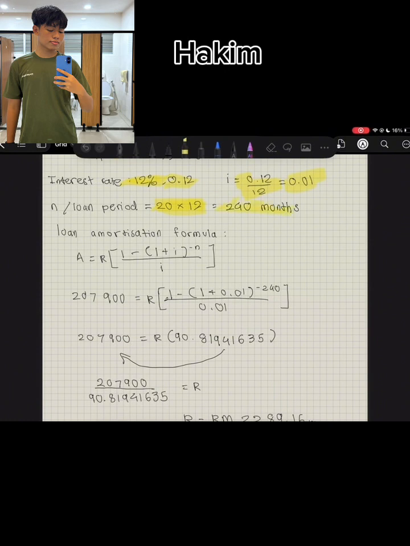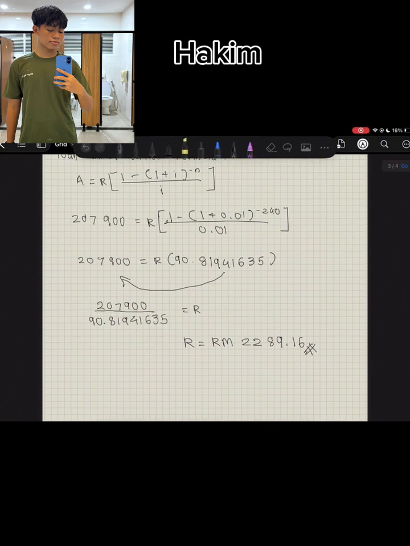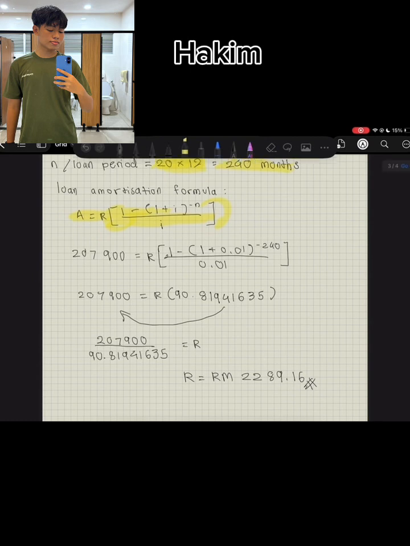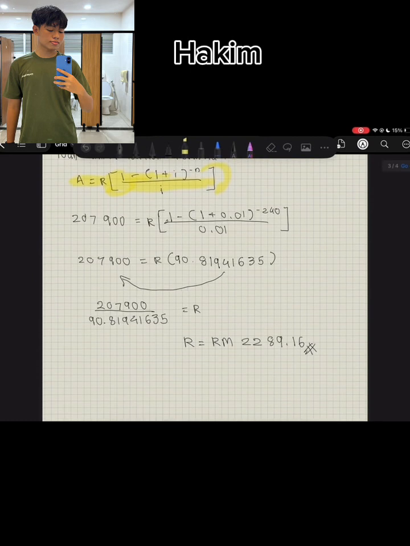Now we apply the loan amortization formula: A equals R times the bracket of 1 minus (1 plus i) to the power of negative n, divided by i. Substituting our values into the formula, RM 207,900 equals R times the discount factor, which calculates to approximately 99.490.